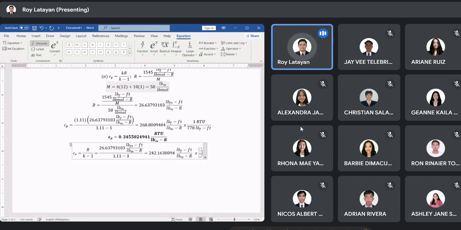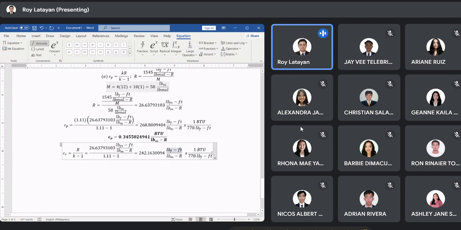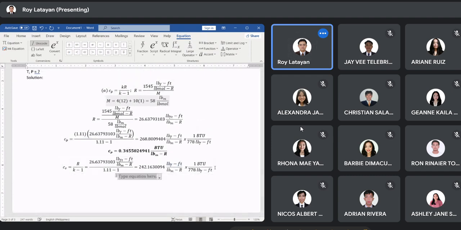Then if BTU is what's being asked, we simply convert it. So divided by 778, the value is 0.311265. React if it's correct.